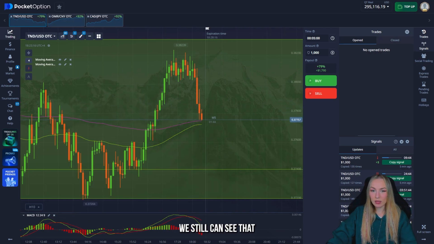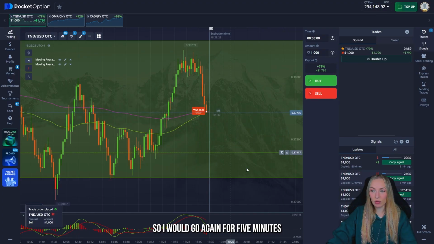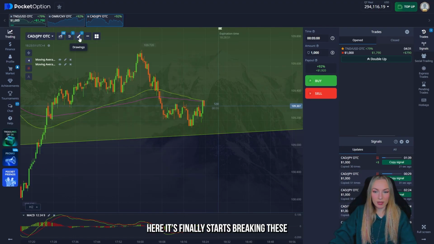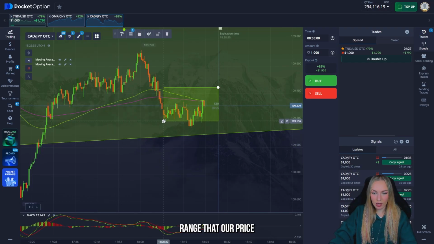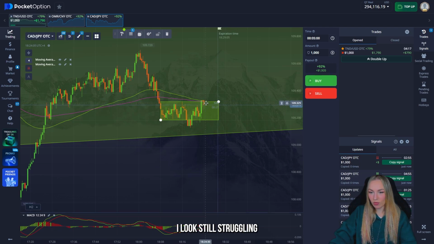By the way, here we can still see that the price is super far from the support level, so I would go again for 5 minutes in the downward direction on the same chart. Here it finally starts breaking this range that our price couldn't break out of, and look, still struggling.